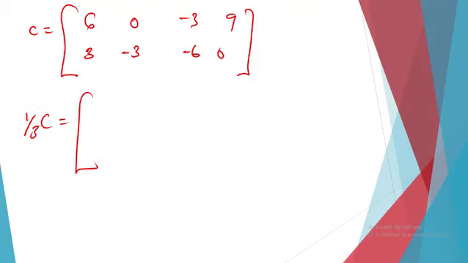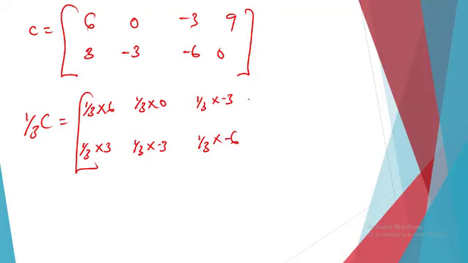That is 1 over 3 times 6, 1 over 3 times 3, 1 over 3 times 0, 1 over 3 times minus 3, 1 over 3 times minus 3, 1 over 3 times minus 6, 1 over 3 times 9, and then 1 over 3 times 0.